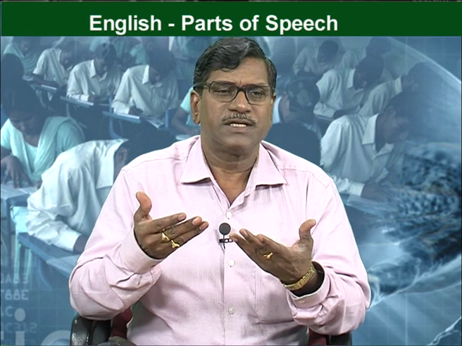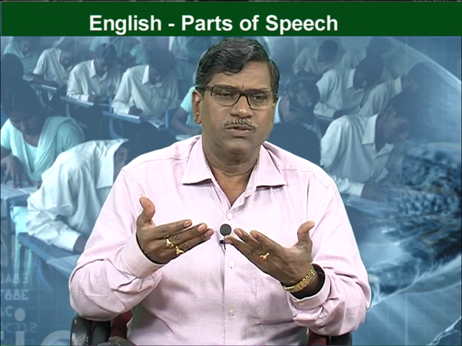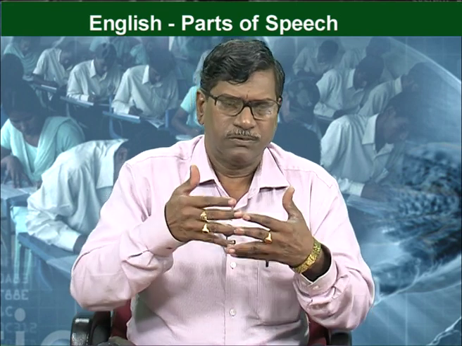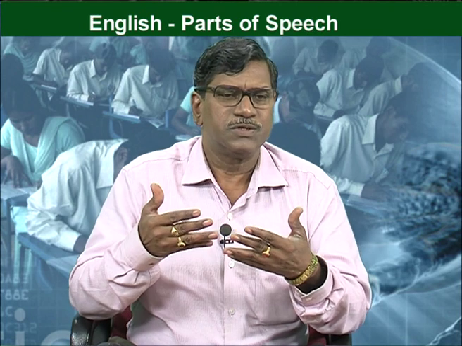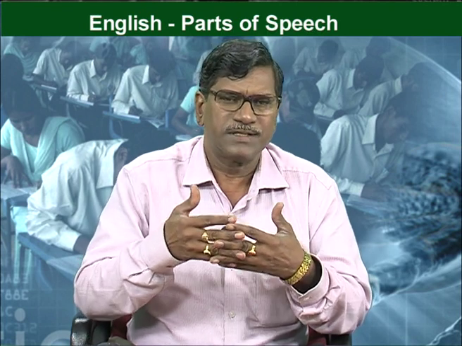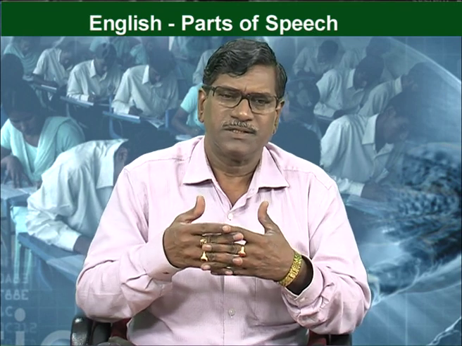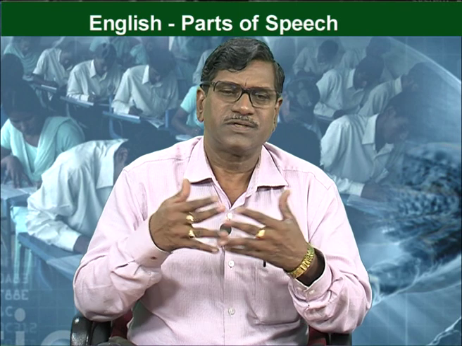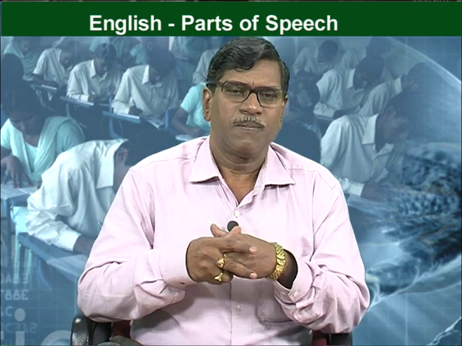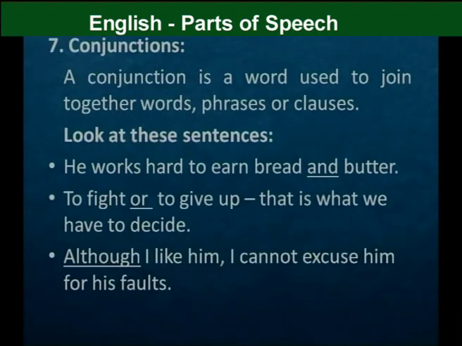So, a conjunction is used to join words, it is also used to join phrases, and it is also used to join clauses. Let us see some examples. Look at the sentences over there. He works hard to earn bread and butter.